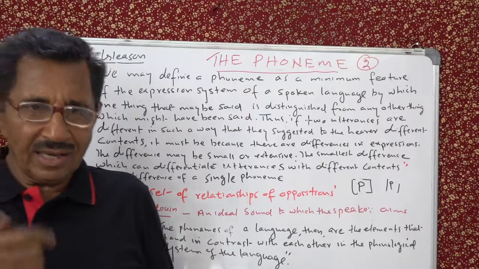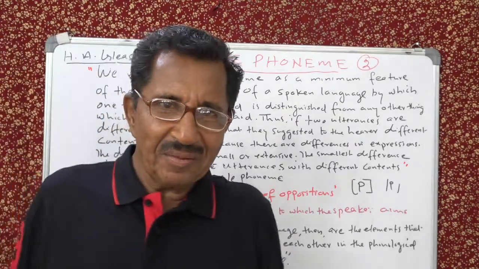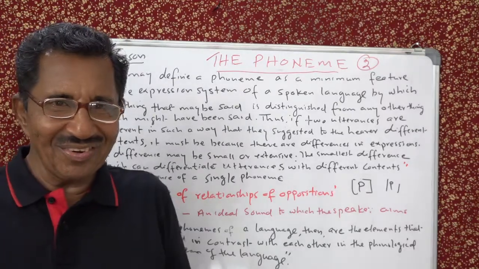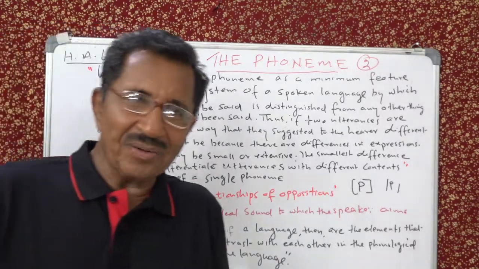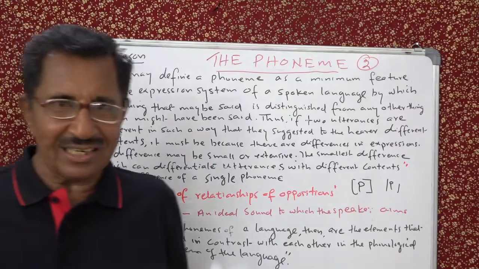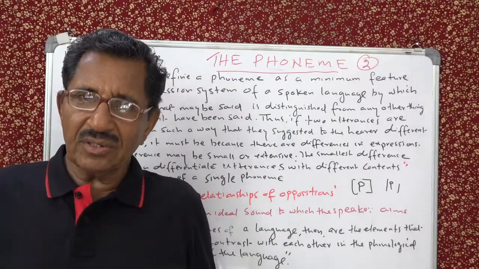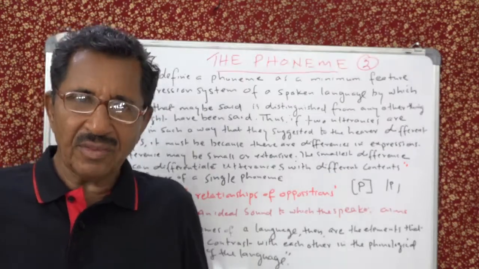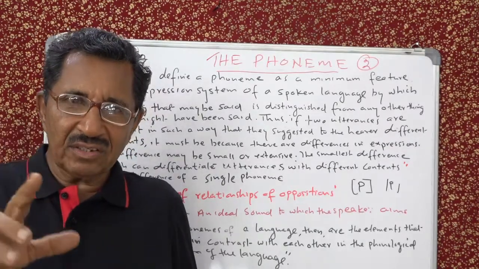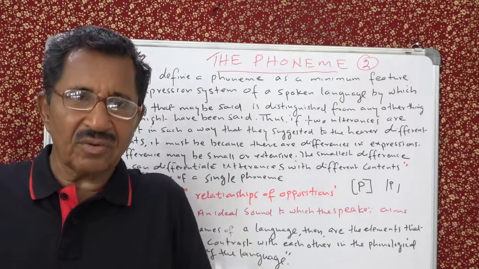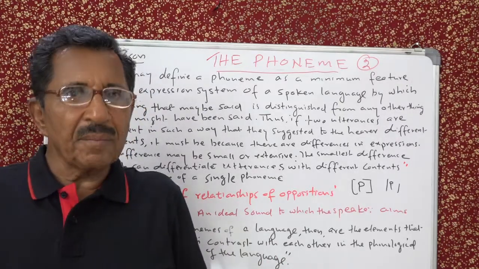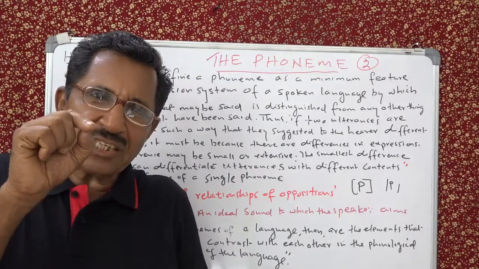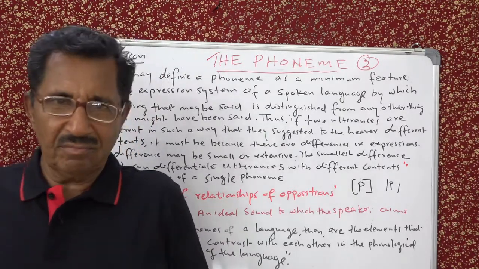I could also give you a definition, but I am nowhere near these people. Therefore, I don't want to give a definition. Whatever I wanted to say, I told in the last class. It is a sound unit. It belongs to a particular language. Its function is to show difference between utterances or words, and it is the minimal unit, the smallest functional unit of the language.